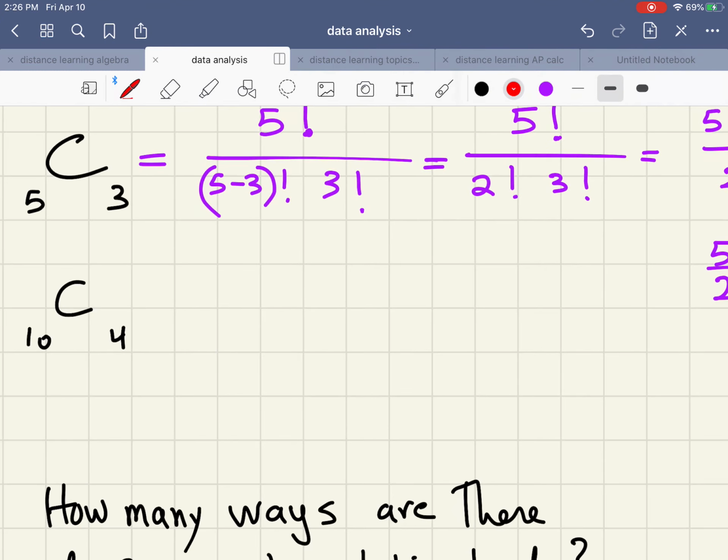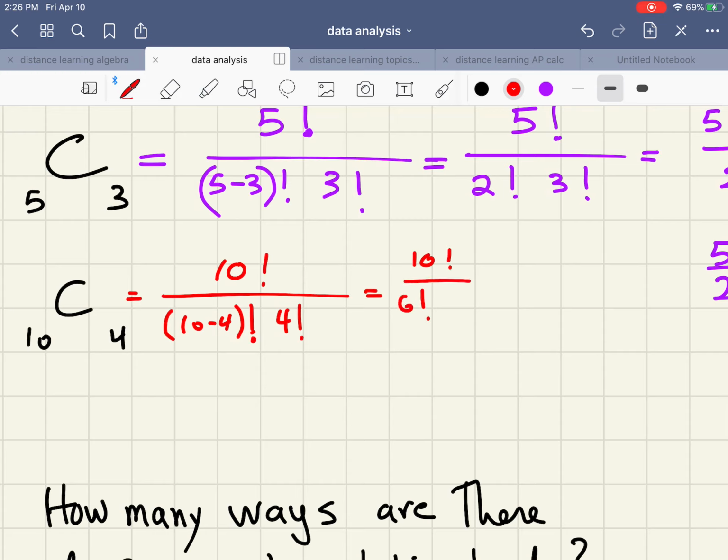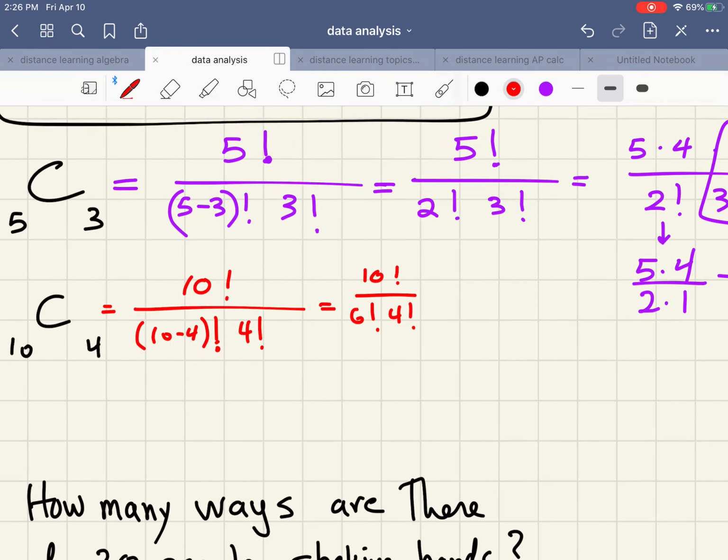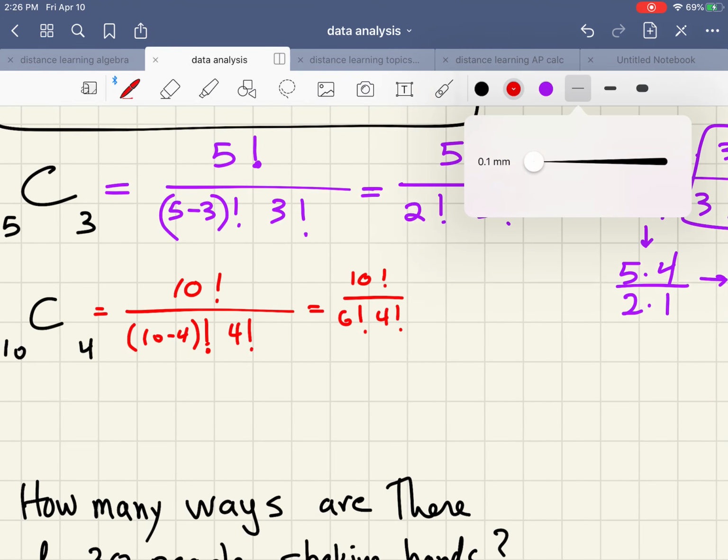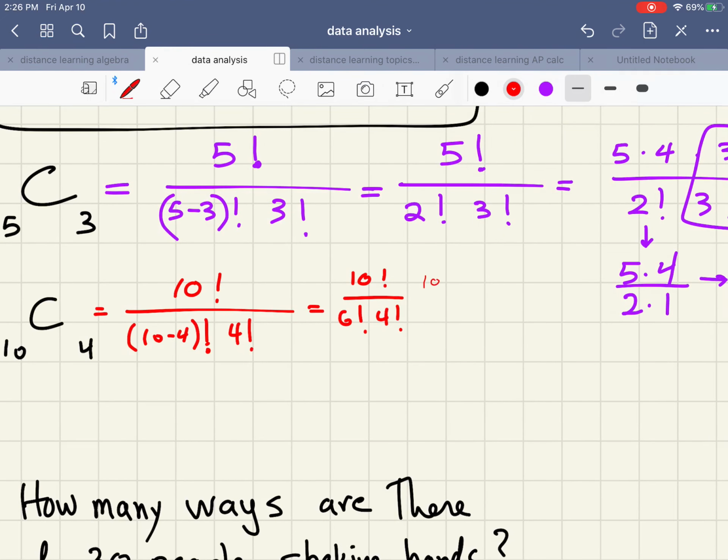On the next problem, 10C4: 10 factorial over 10 minus 4 factorial, 4 factorial. So 10 factorial over 6 factorial and 4 factorial.